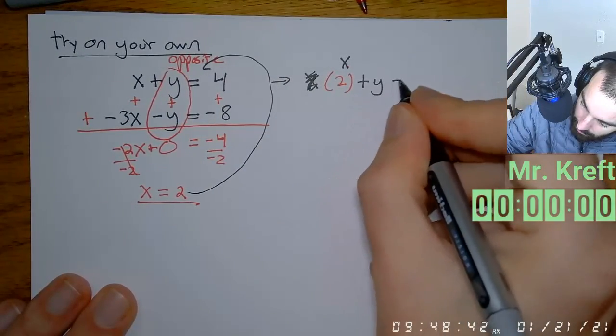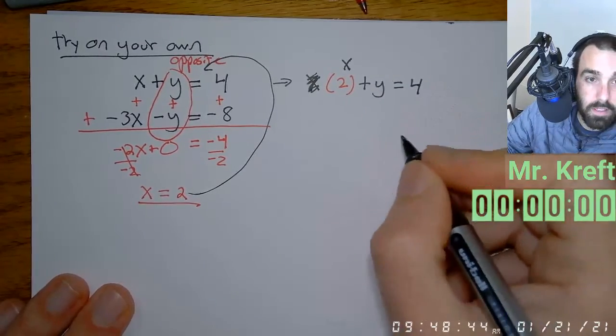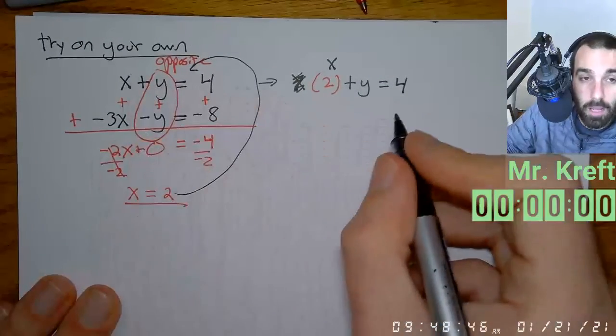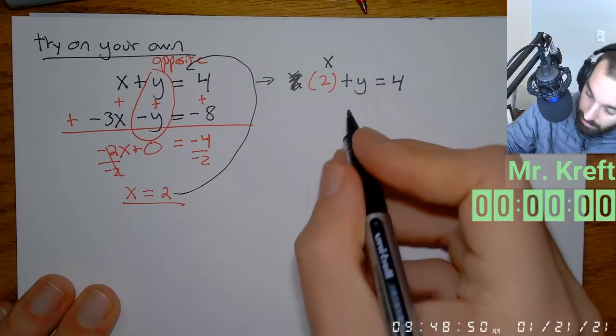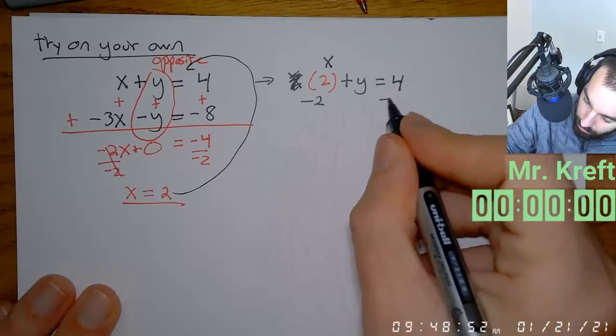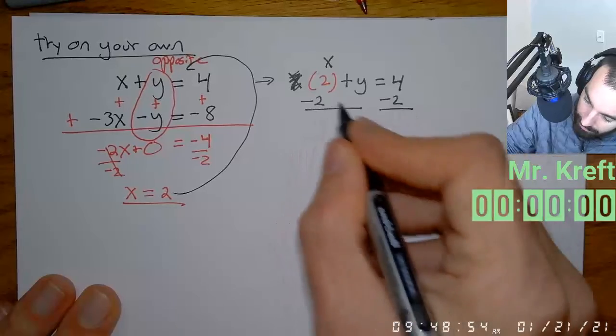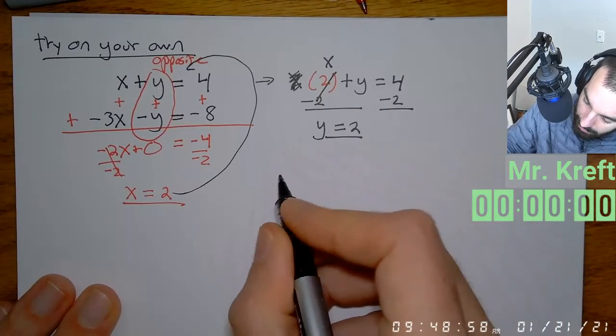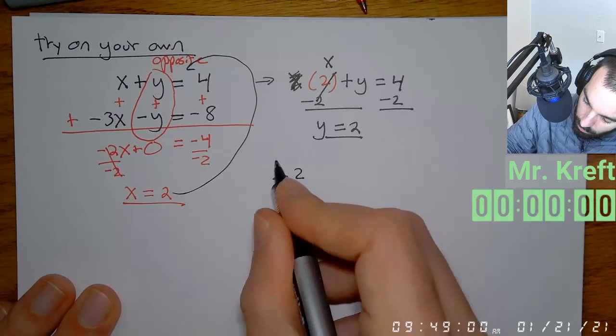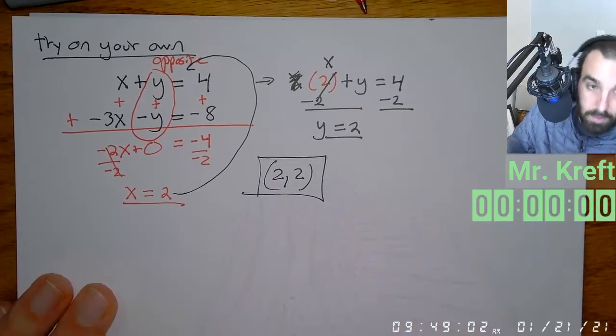And then plus y equals 4, right? So I'm just plugging into the top. So now I'm going to solve for y. And then I subtract 2 like this, and I get y equals 2. So my answer is 2, 2.